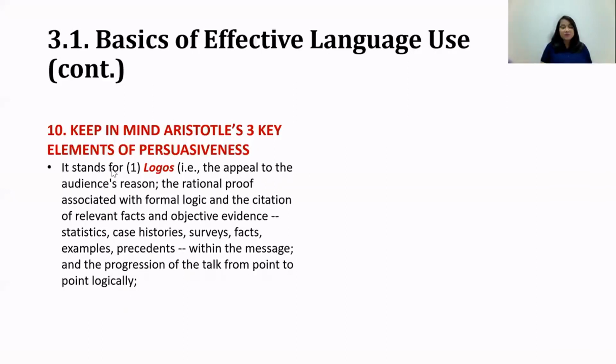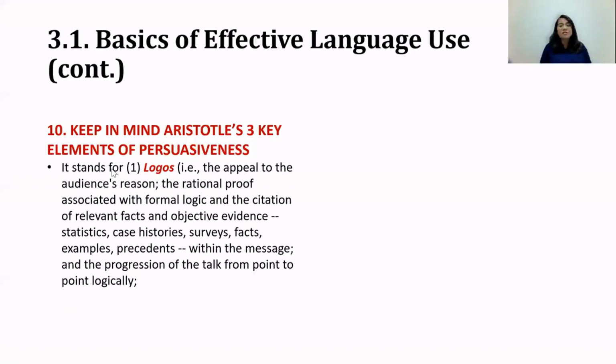Number 1 is logos. It is the appeal to the audience's reason, the rational proof associated with formal logic, and the citation of relevant facts and objective evidence, such as statistics, case histories, surveys, facts, examples, precedents, within the message, and the progression of the topic from point to point logically. So logos is about logic. In order to be logical, we need to show the proof, the evidence, the data, right?